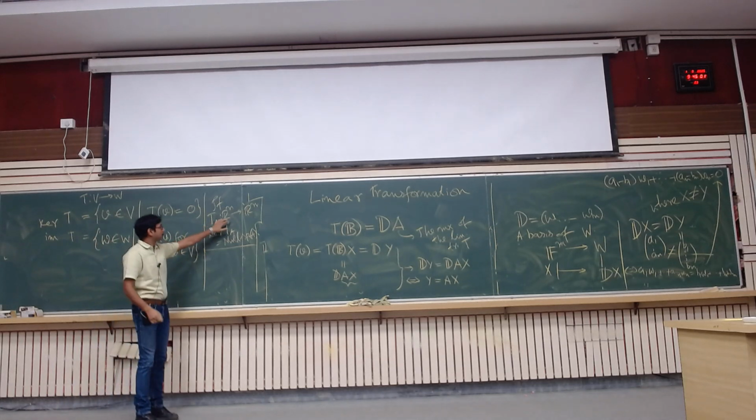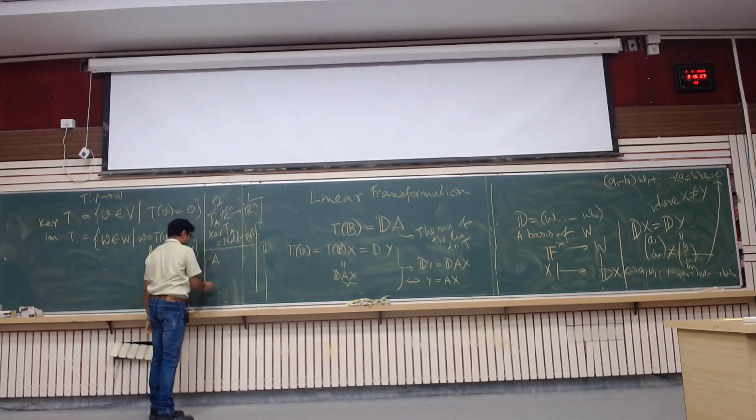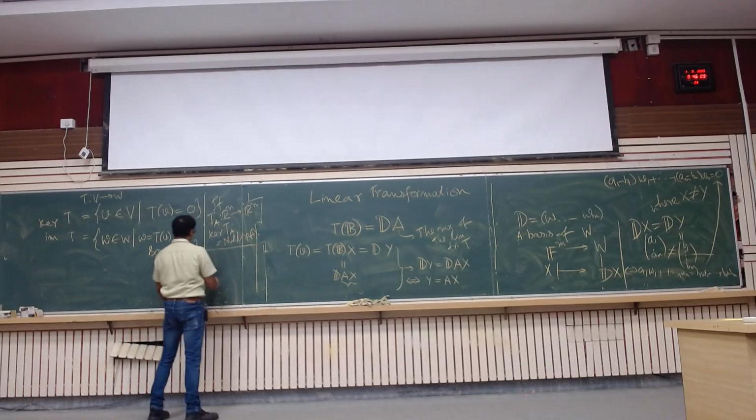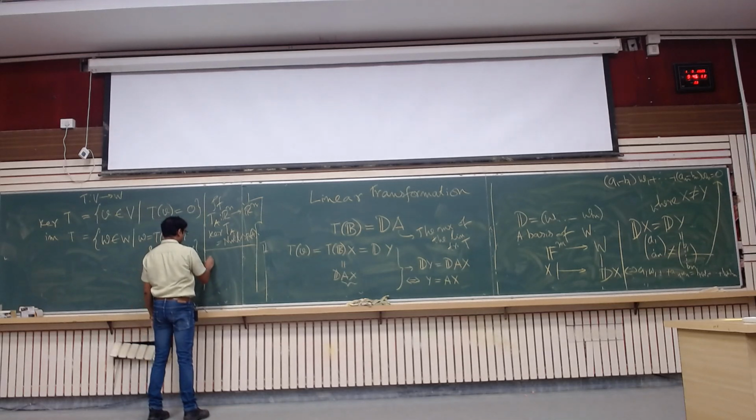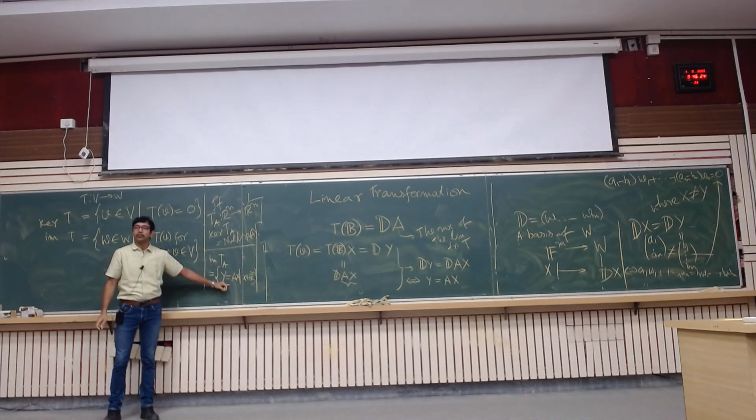It is the image of Rn under the multiplication by A, right? So the image of TA is the set of all y's which are equal to Ax for some x in Rn. This has a name. What is that?